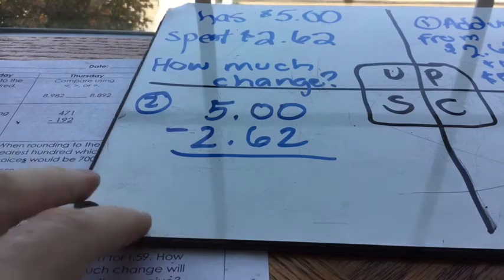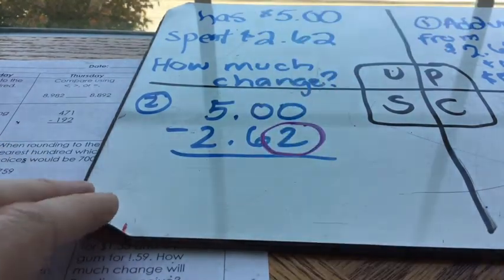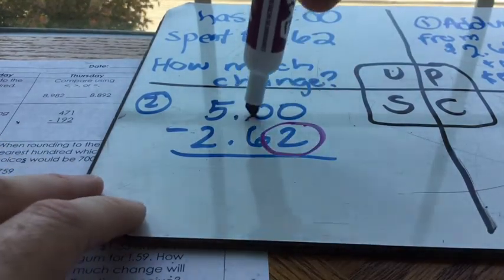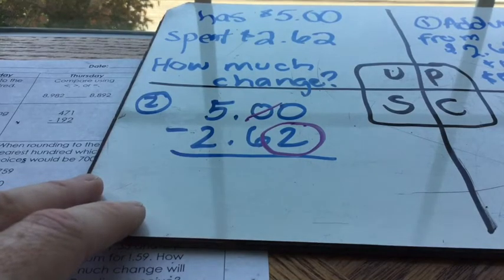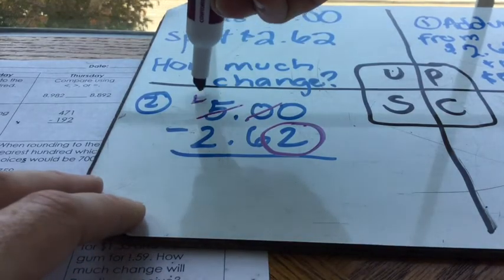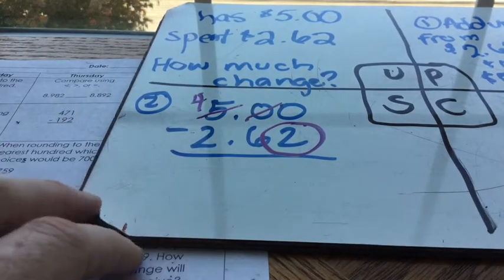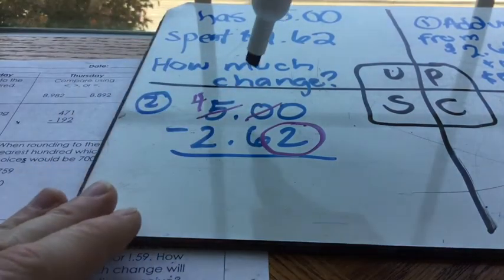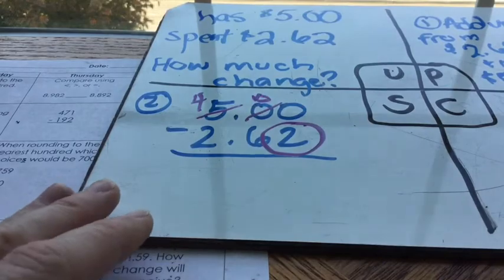So I'm going to circle where my bigger number is. More on the floor. Go next door to borrow 10 more. Well, no one's home next door, so I'm going to go down the street. I'm going to take one of those dollar bills and I'm going to trade it in for 10 dimes, because 10 dimes make up $1.